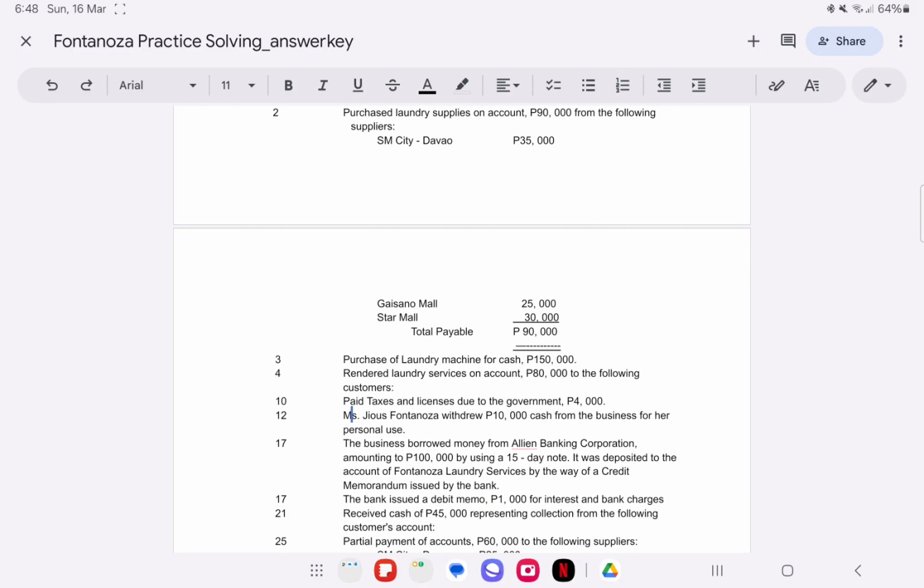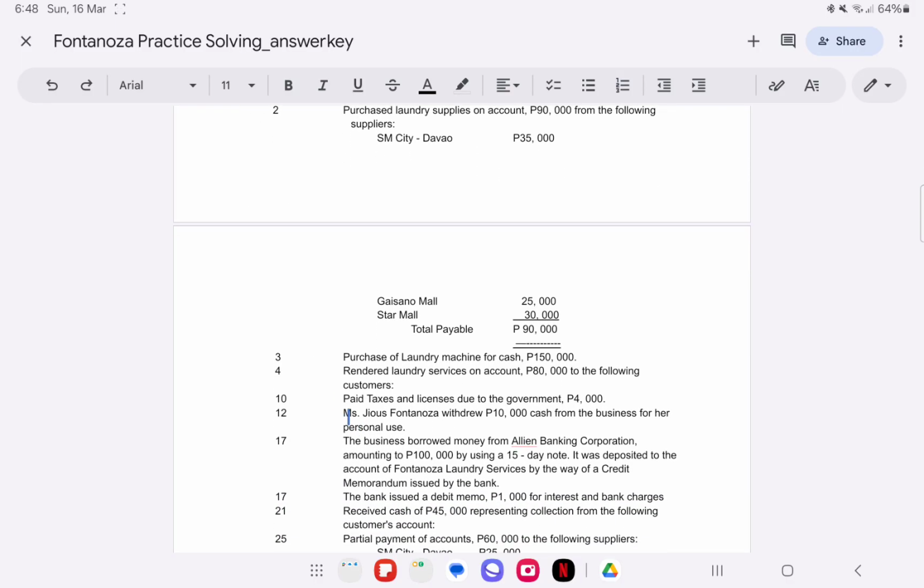Go back to the transaction of March 12. So what's your value received? J. Fontanoza drawing, and your value parted with is cash.